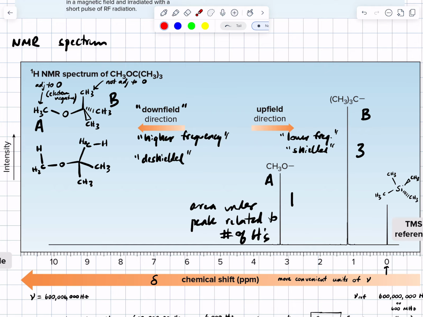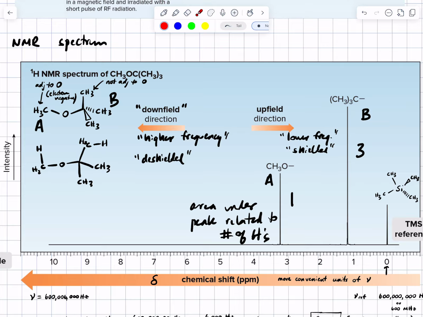Same thing with the tert-butyl groups. You're going to see that protons that are identical by symmetry give rise to a single identical signal. Okay? So this molecule only has 2 different kinds of protons, and we only observe 2 different kinds of peaks.